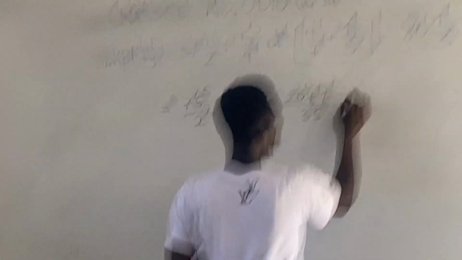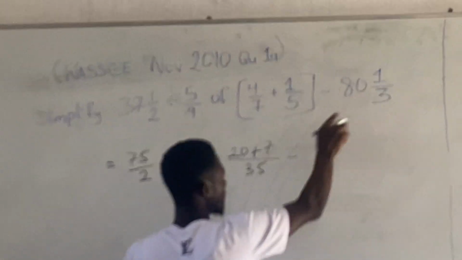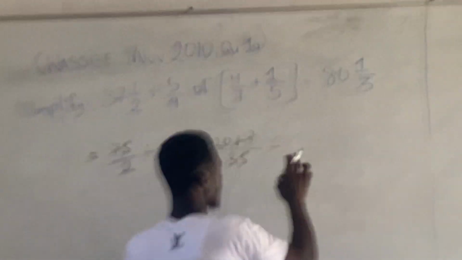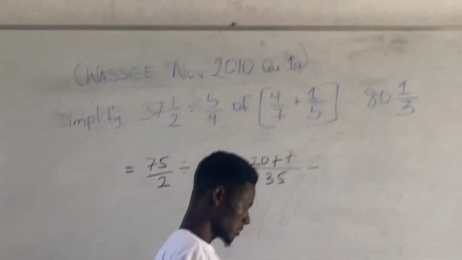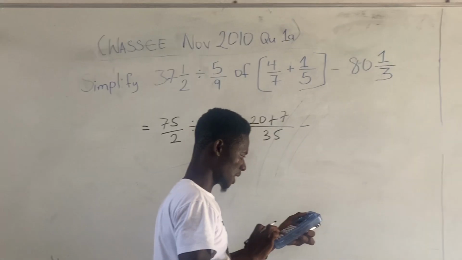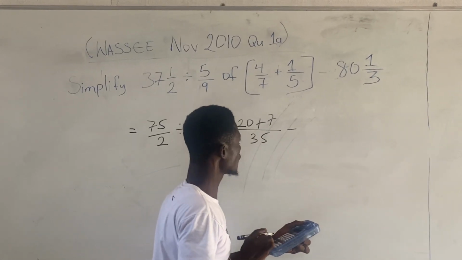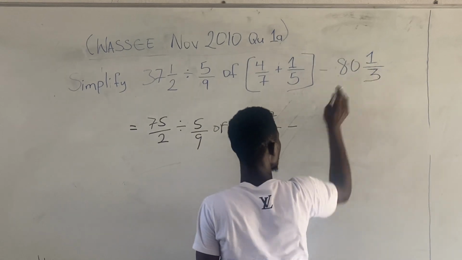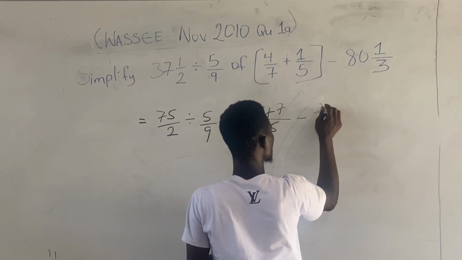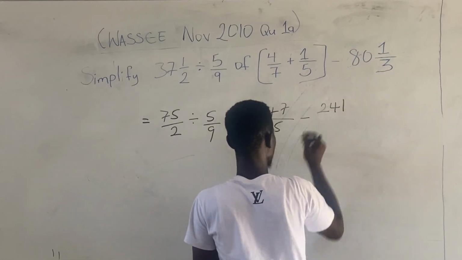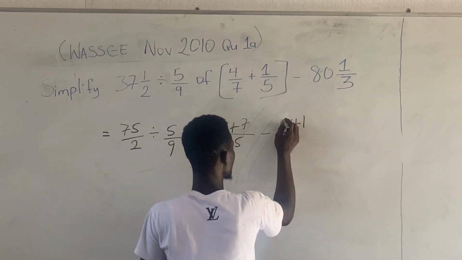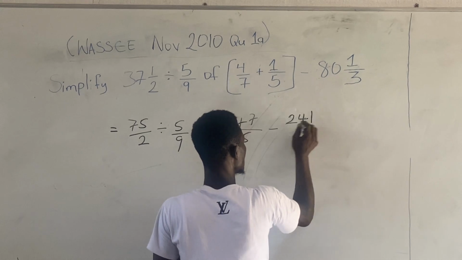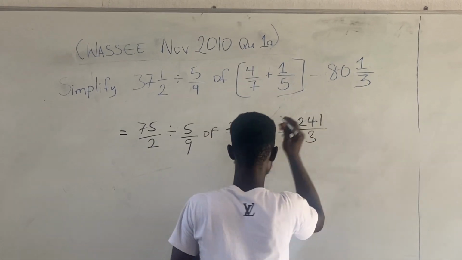And then minus, we convert this mixed fraction to improper fraction by multiplying the whole number 80 by 3, which gives us 240. 240 plus 1 gives us 241, so this is 241 all over 3.